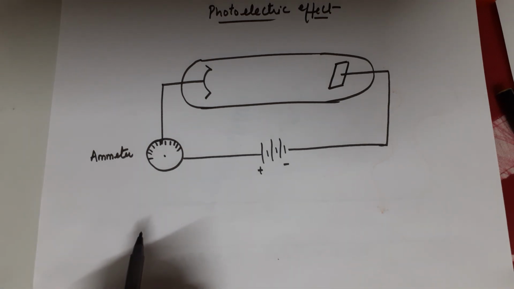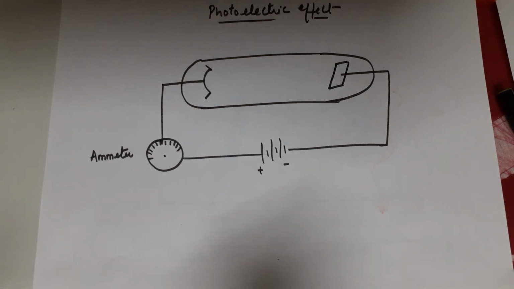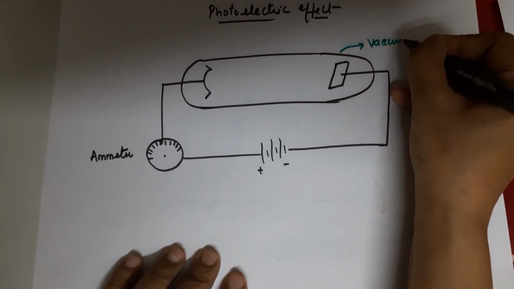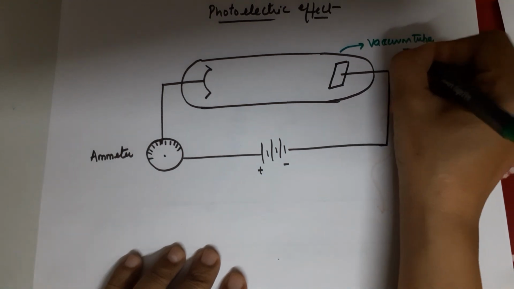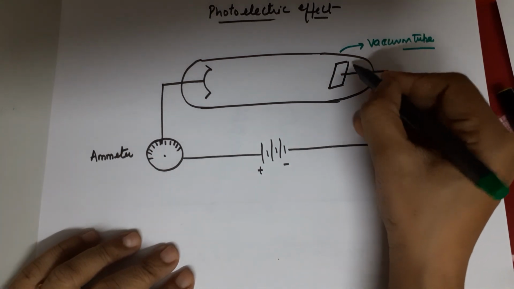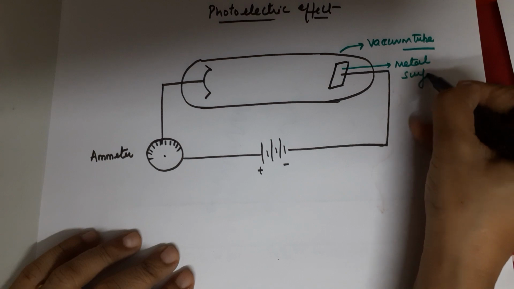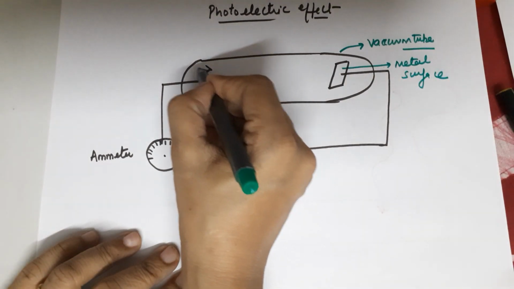This experiment was performed by Hertz, and he had taken a vacuum tube. In this vacuum tube, he had placed a metal surface, and this is called the detector.